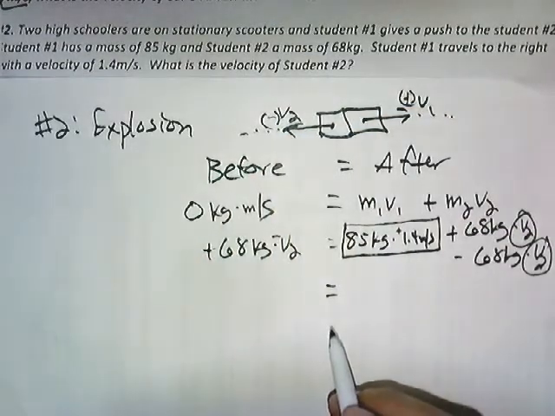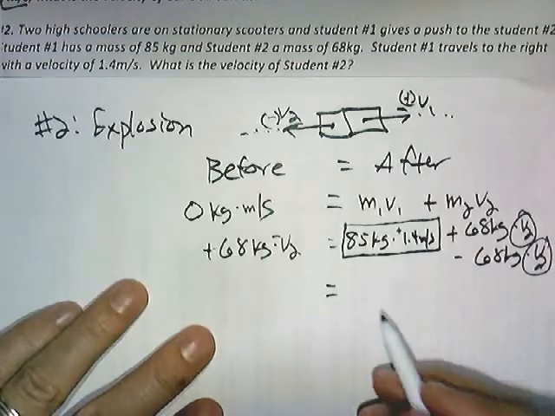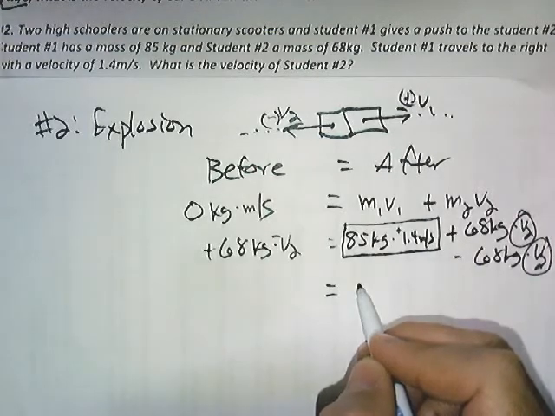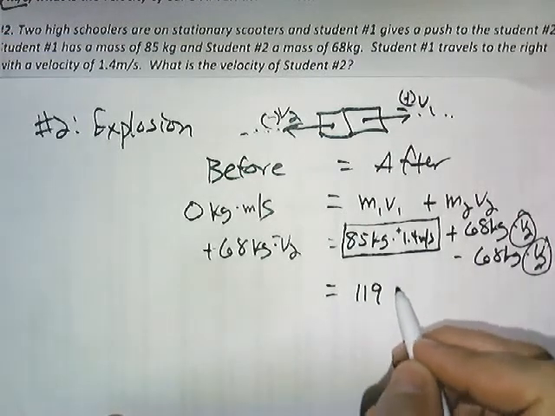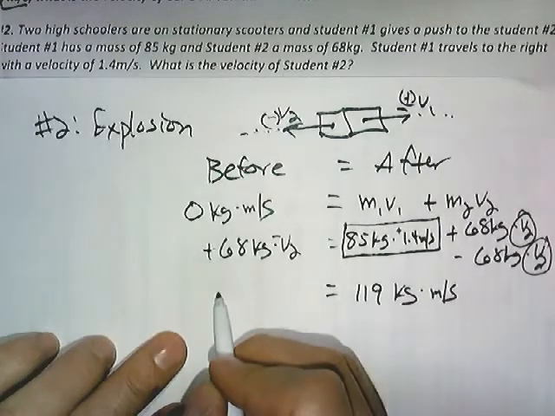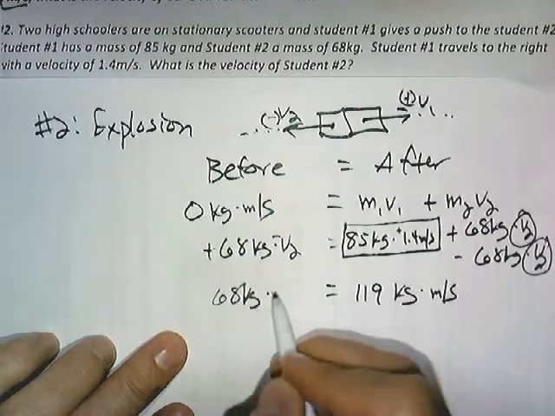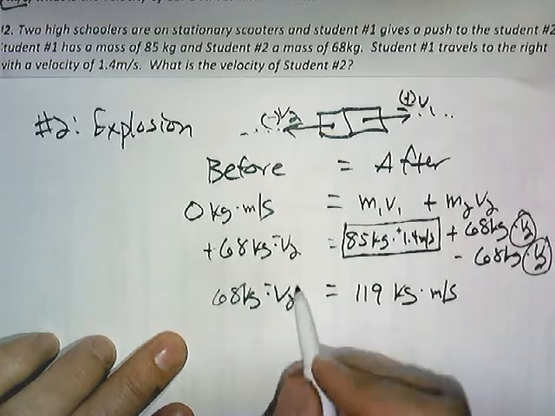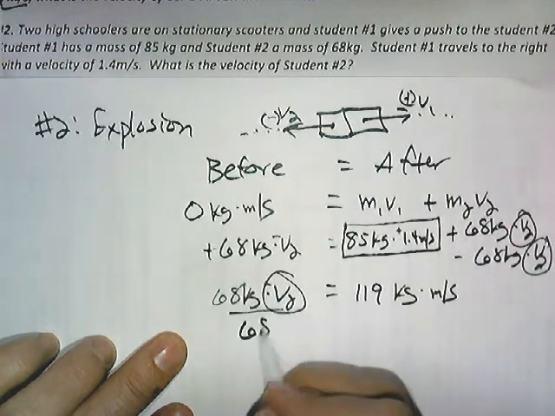So I can write this out. I know that 85 times 1.4 equals 119 kilogram meters per second, and that must equal 68 kilograms times a negative V2. I'm isolating this, so I divide both sides by 68 kilograms.